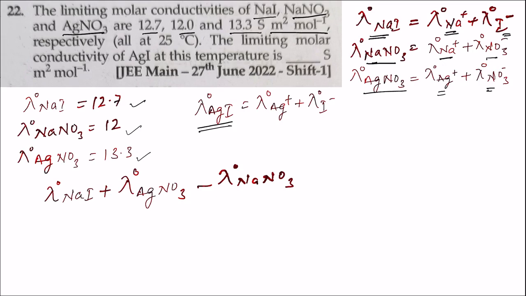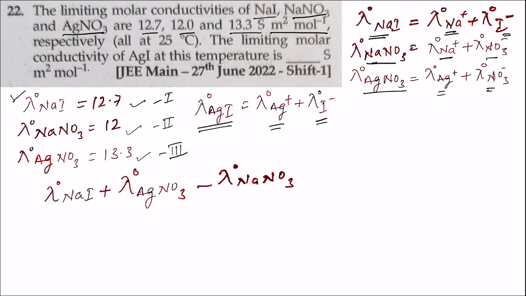So limiting molar conductivity of silver iodide is equal to limiting molar conductivity of silver ion plus limiting molar conductivity of iodide ion. Let this be equation 1, this equation 2 and this equation 3.